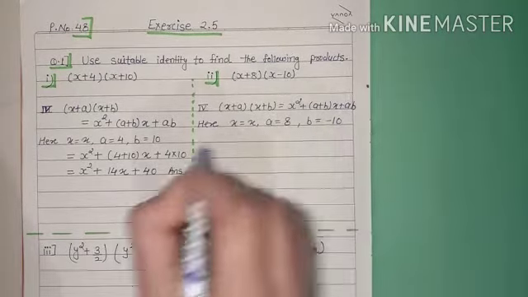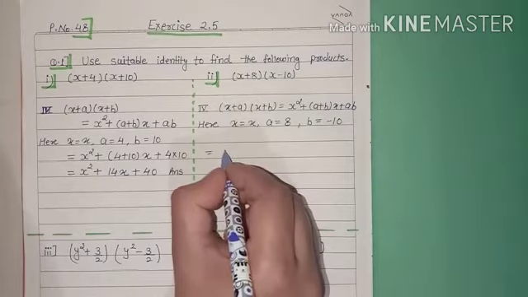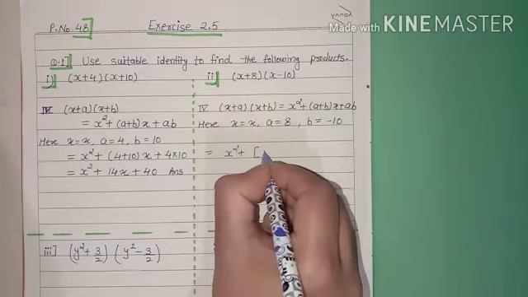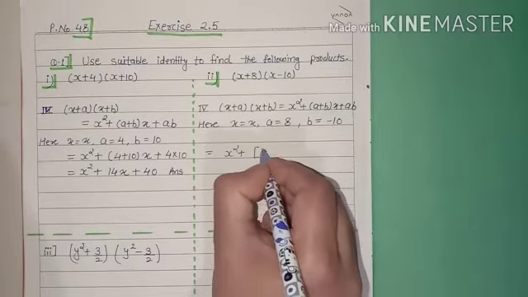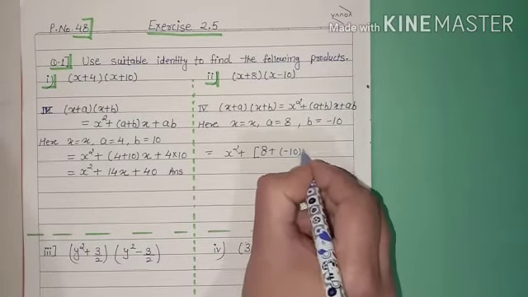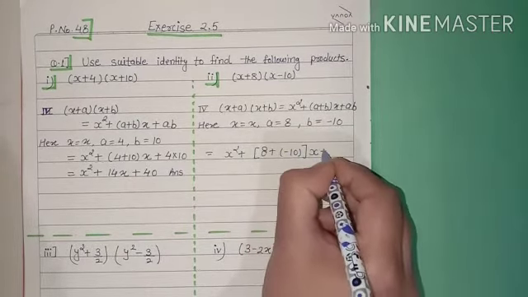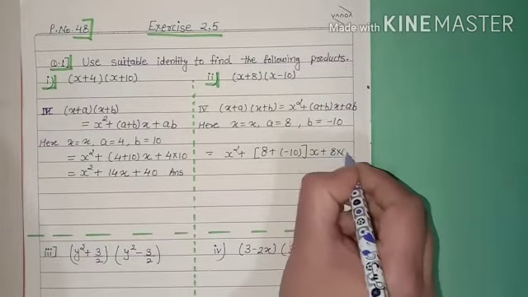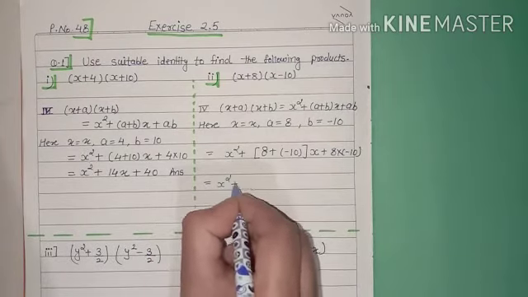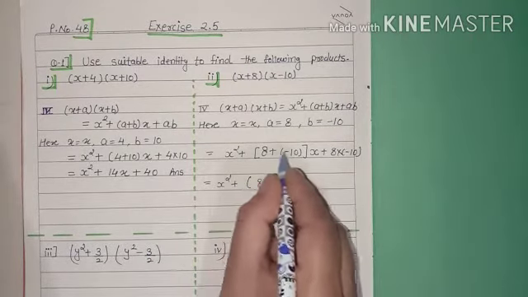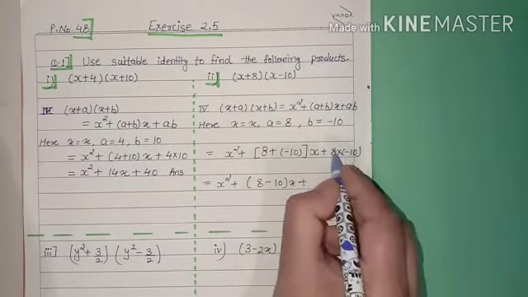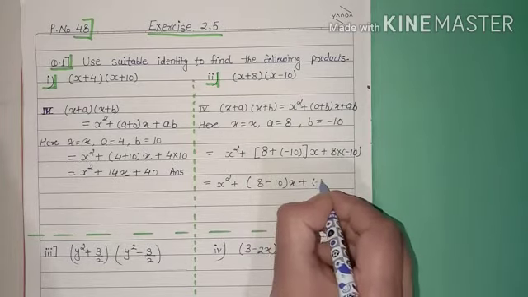Now we will substitute all the values. x² plus, within the bracket, a is 8 plus b is minus 10, into x as it is. a into b means 8 into minus 10. Simplify this step: x² as it is, plus, within the bracket, plus minus will convert into minus, 10 into x, plus 8 into minus 10, that is minus 80.